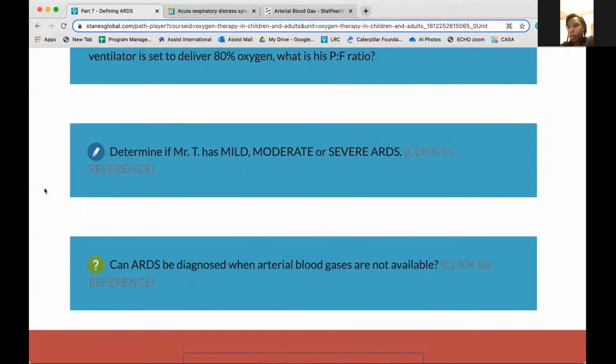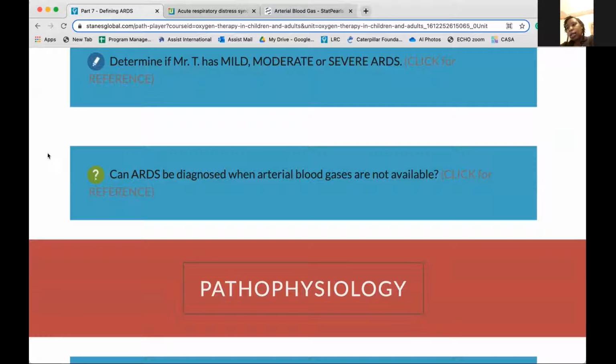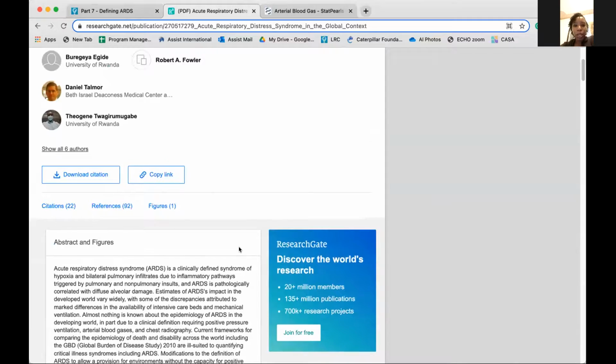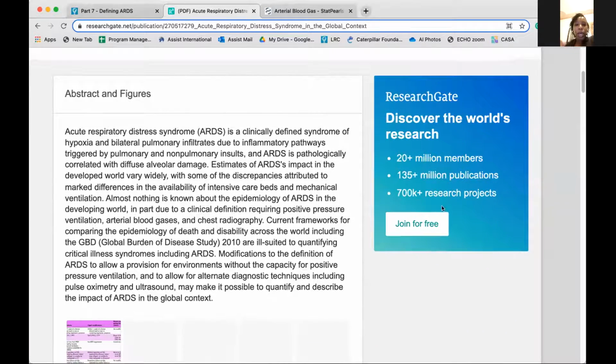So the last part, maybe you can go back. In a setting where you do not have a BGA, can ARDS be diagnosed when arterial BGA is not available? So there's a resource there, and the answer is yes. In most settings, to be honest, we do not have a BGA machine. So we can use the easiest thing that we have.